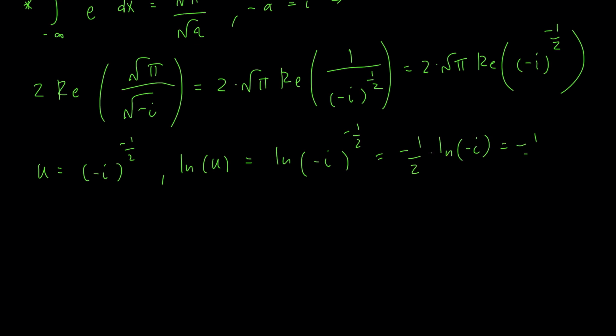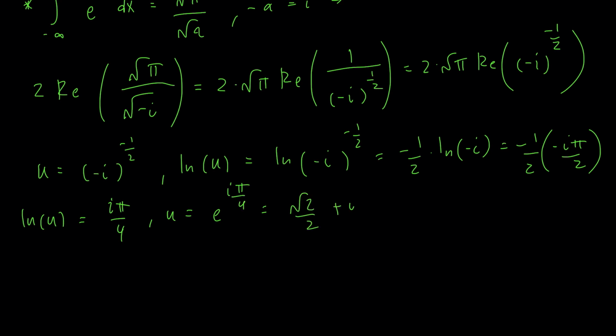The natural log of negative i is negative i pi over 2. So we have the natural log of u is i pi over 4. Taking e on both sides, we have that u equals e to the i pi over 4. But that's just the square root of 2 over 2 plus i times the square root of 2 over 2, which is also equal to negative i to the negative 1/2.